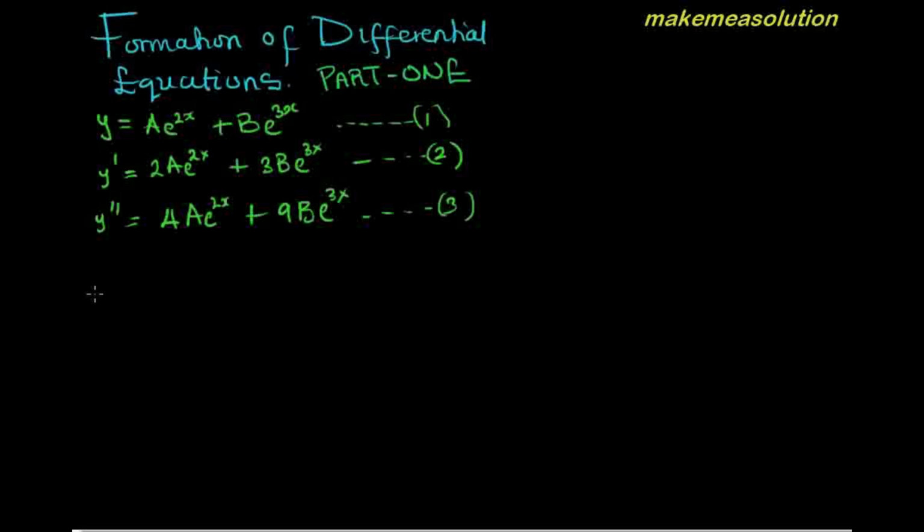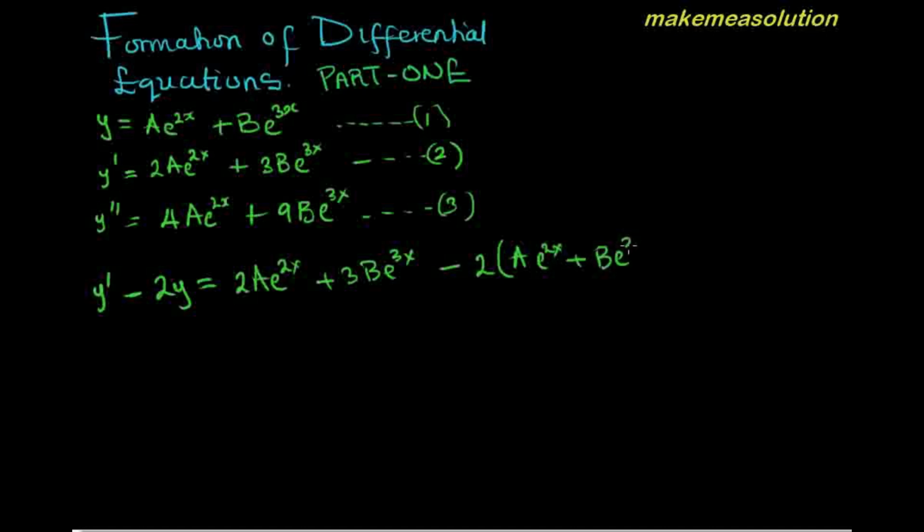So from the left hand side, you have y prime minus 2y is equal to, of course, 2a exponential 2x plus 3b exponential 3x minus 2y. So this is y, a exponential 2x plus b exponential 3x.